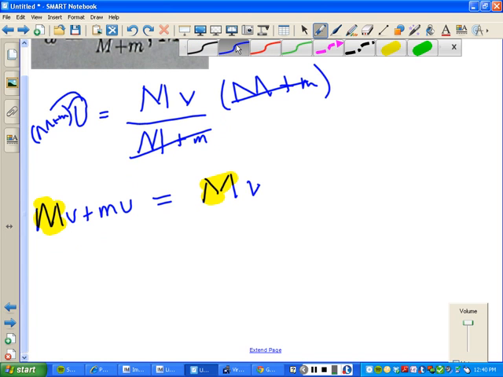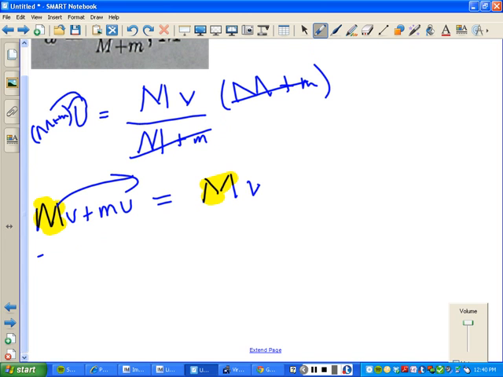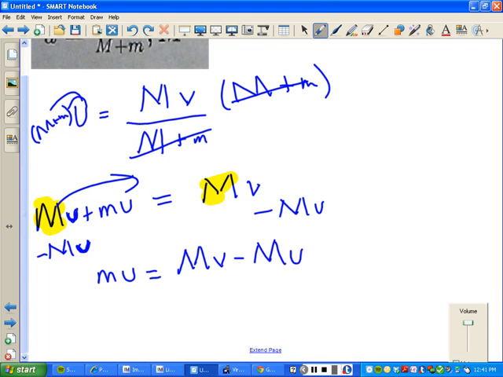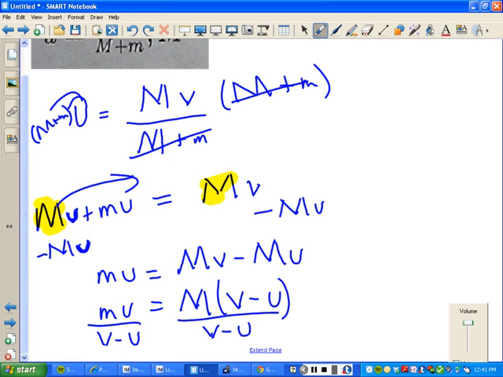So move this over by subtracting big M U. So we have little m U equals big M V minus big M U. Factor out the big M: V minus U. Divide by V minus U. And that's your final answer: M U over V minus U.